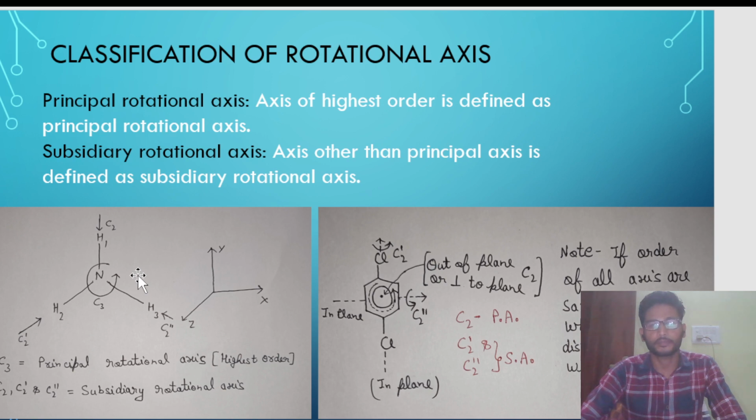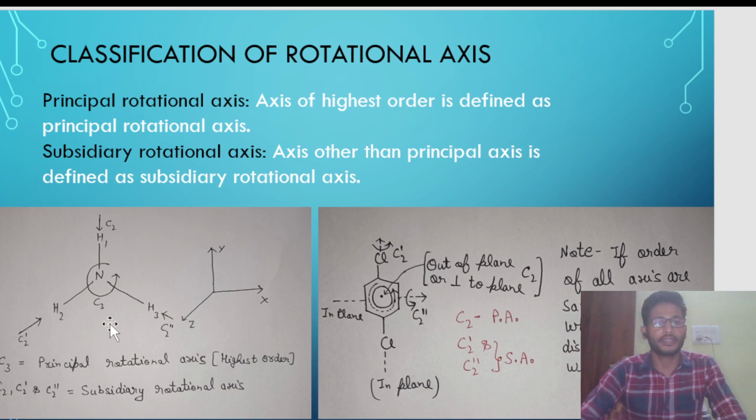The NH3 molecule contains one C3 rotational axis and three C2 rotational axes. The C3 rotational axis passes through the nitrogen atom and is perpendicular to the triangular plane, interchanging H1, H2 and H3, and the C2 axis passes through each NH bond and interchanges the others.